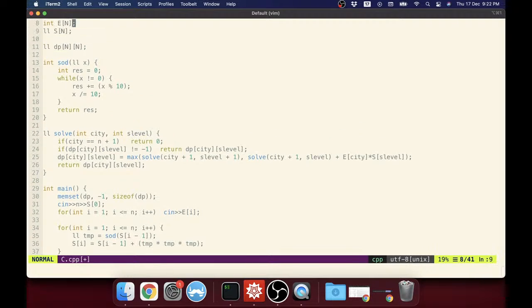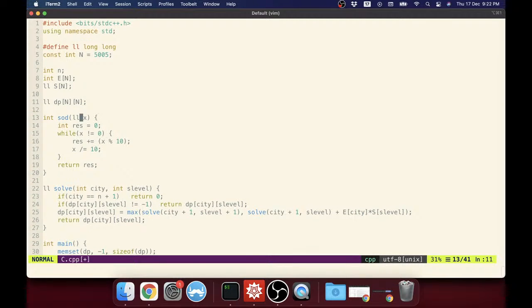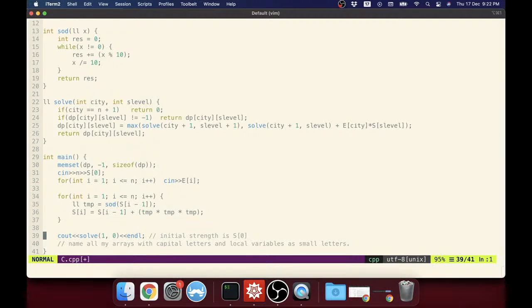Those are some of the things I would recommend: pick a common trait. Don't do capital letters if you don't want to. Just do something which is easy to memorize. Once you do a lot of questions with the same paradigm, say you always name your arrays capital A and capital B, it helps your speed when programming, especially in contests, because you don't have to think about what the exact variable name in the question was.